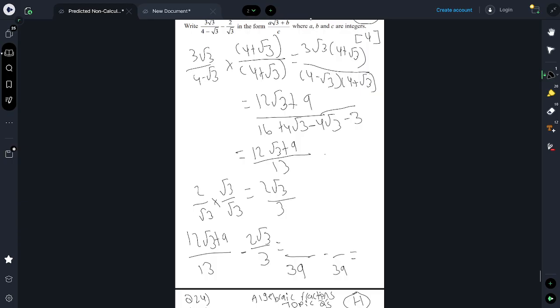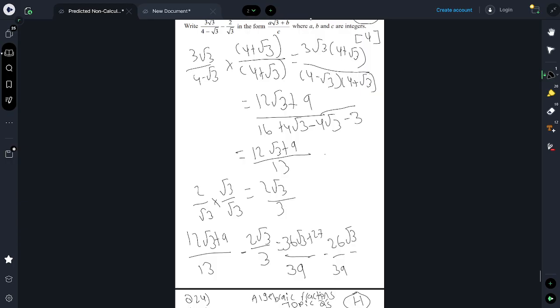So 12 root 3 times 3 is 36 root 3, plus 9 times 3 is 27. And then this one, 3 to 39, you're going to have to times by 13, the opposite. 13 times 2 root 3, 13 times 2 is 26. So 26 root 3. And then you simply subtract them together.